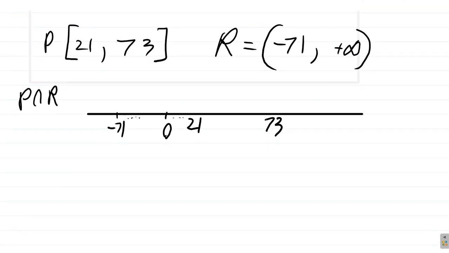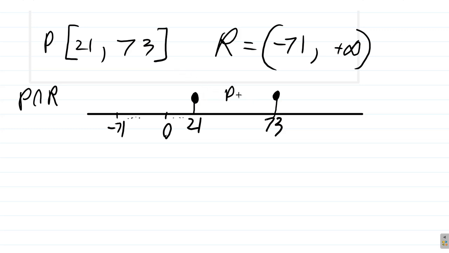Now, we have P. P is between 21 and 73. It's included, that's why I shade. Because remember, this is saying both 21 and 73 are included along with the numbers between them.